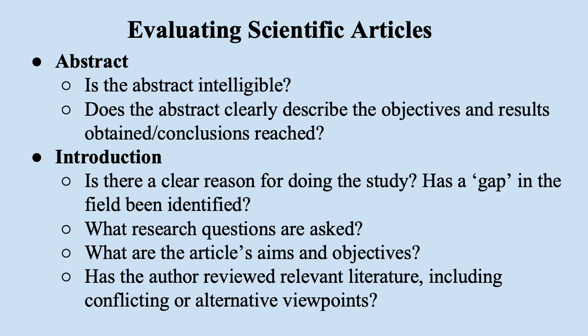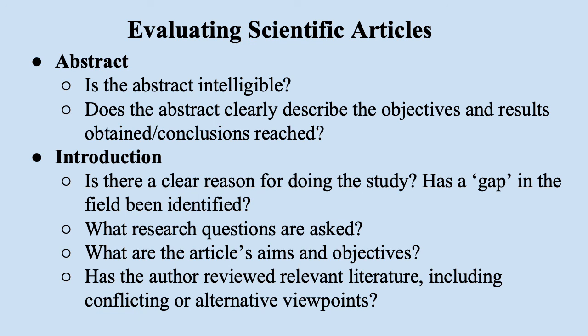The next thing you want to be doing is to look at the introduction. So you want to ask yourself if there is a clear reason established for doing this study. So with science in particular, you want to identify the gap in the field. So you want to demonstrate, okay, these researchers have done this work, however, this work, which is relevant, has not been done.